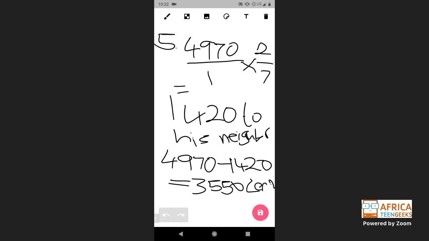So this is the number of sheep left before he can sell his remaining sheep to his brother, because now he has sold 1,420 sheep to his neighbor, right? So now he can sell to his brother. Okay, so let's have a clean slate.